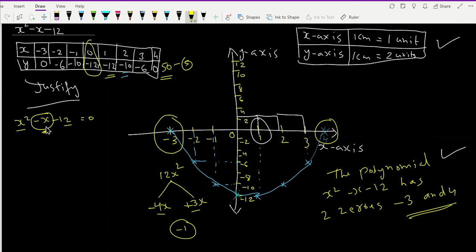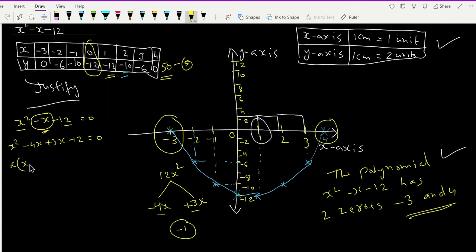Okay. So now I will remove this minus x here and I will write x square minus 4x plus 3x minus 12 is equal to 0. If I further simplify, I will take x as common.